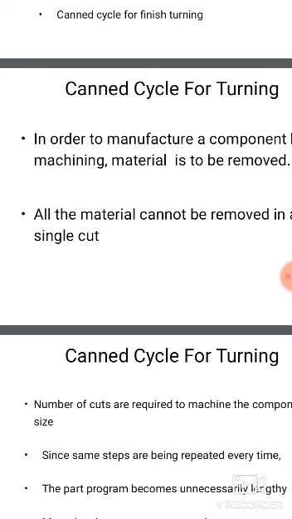If suppose 4 or 5 holes are needed in that job, we would write the same statement 5 times, so a subroutine reduces that. In many cases, subroutines will contain only positional moves, feed rate, tool changes, spindle speed, rotations, all those things.